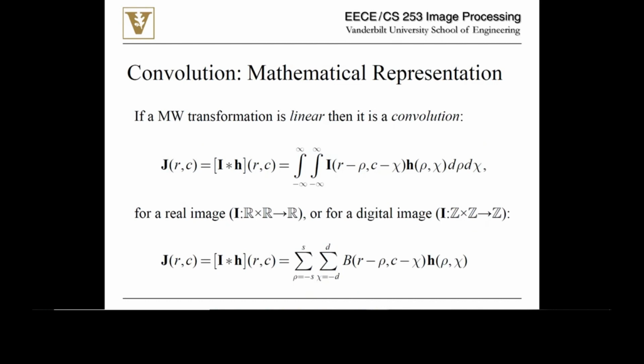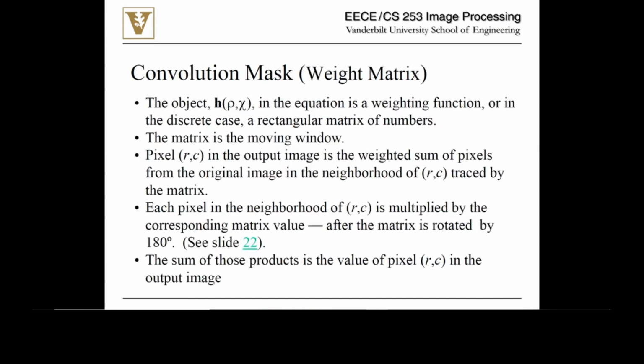This is for continuous images and for discrete images. This kernel is also called the convolution mask or the weight matrix, and it specifies the weights for each one of the pixels.